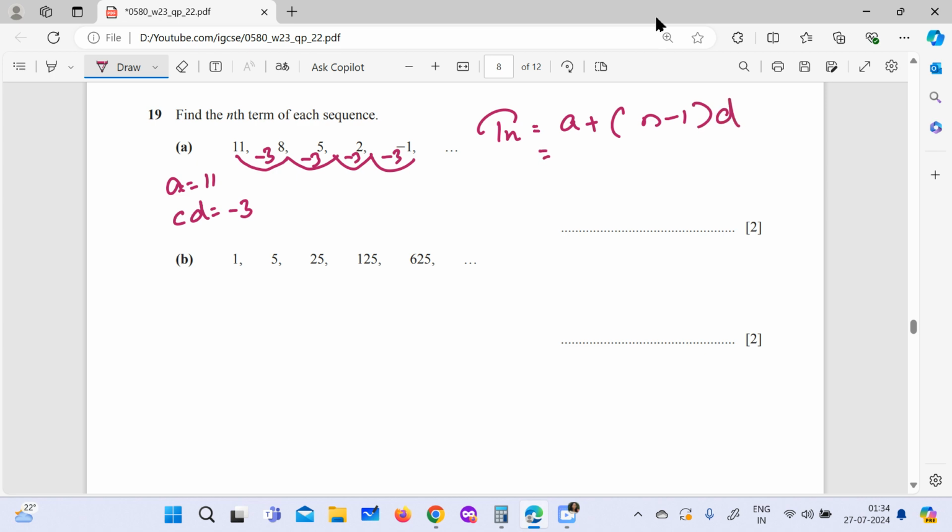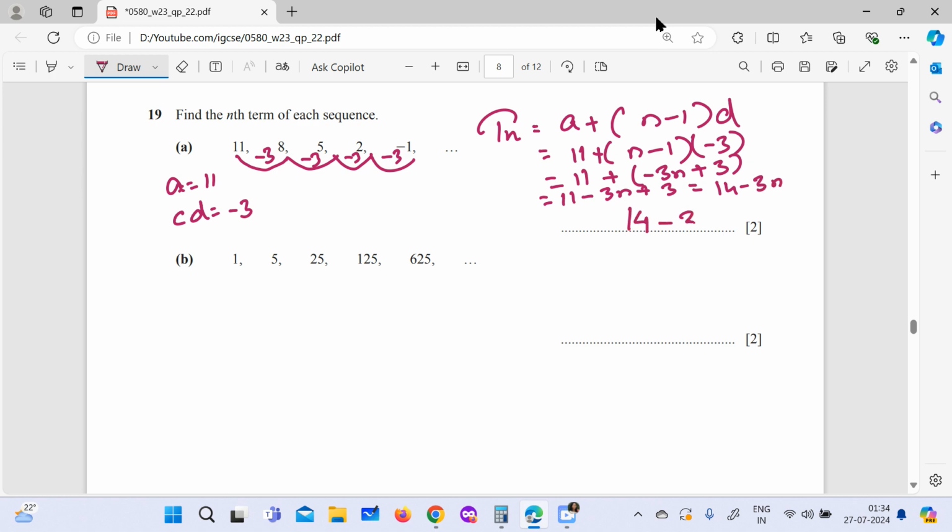So you can substitute all the values here. 11 plus n minus 1 times d, where d is negative 3, and hence you get 11 plus negative 3n plus 3, and that gives you 14 minus 3n, hence 14 minus 3n.